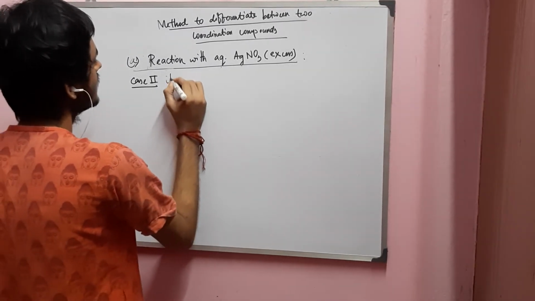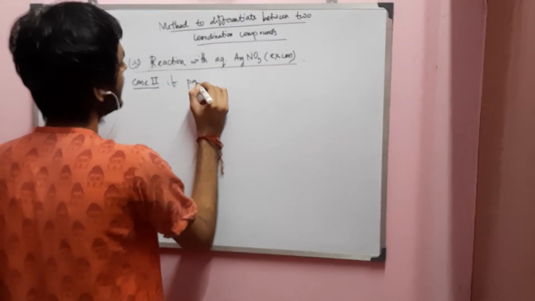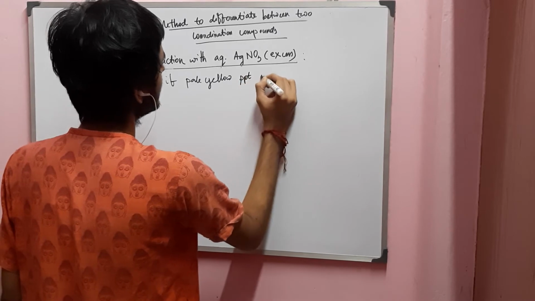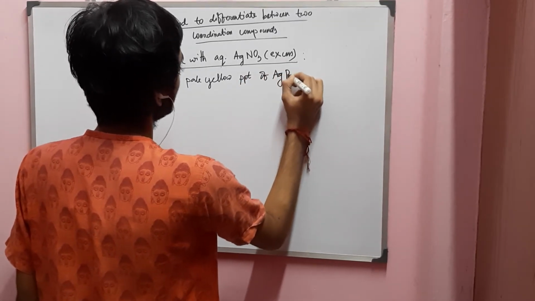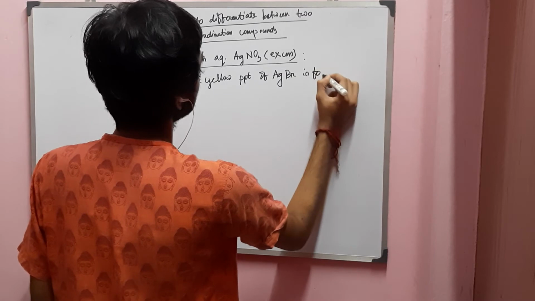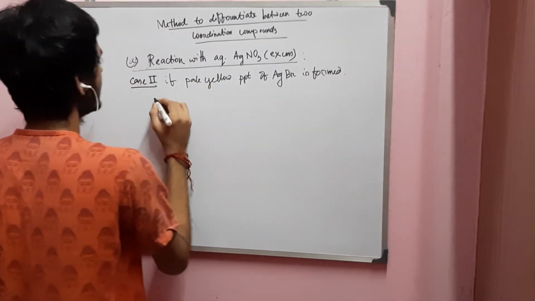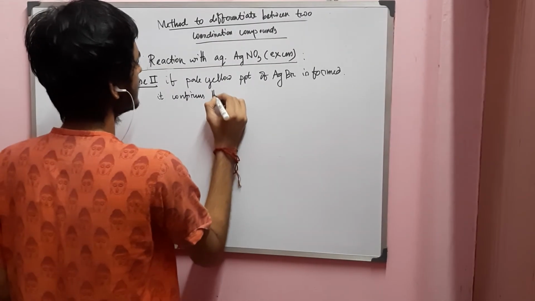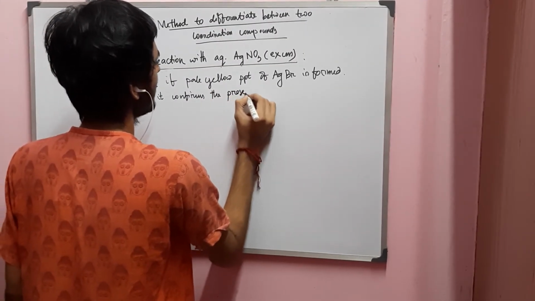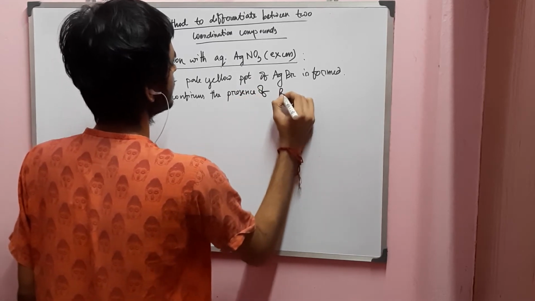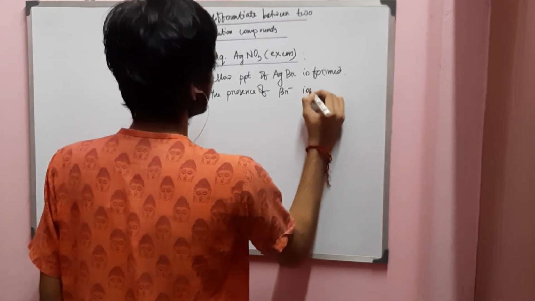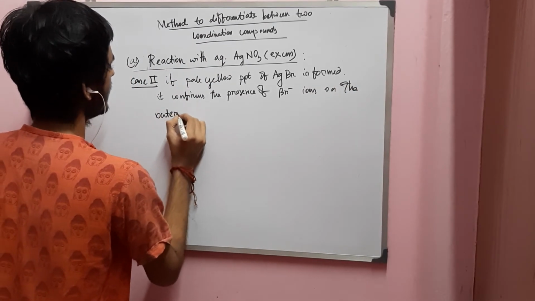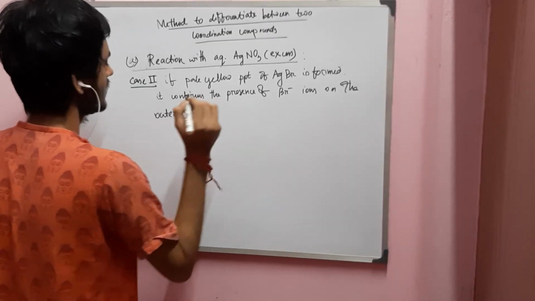Let's say if pale yellow precipitate of AgBr is formed, like the previous one, it confirms the presence of Br minus ions in the outer sphere.